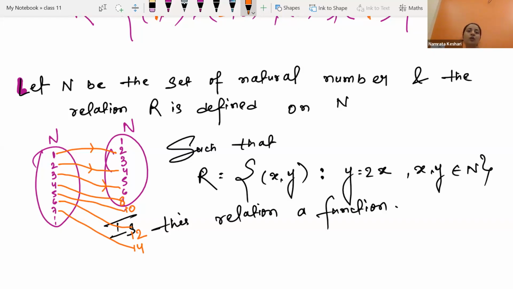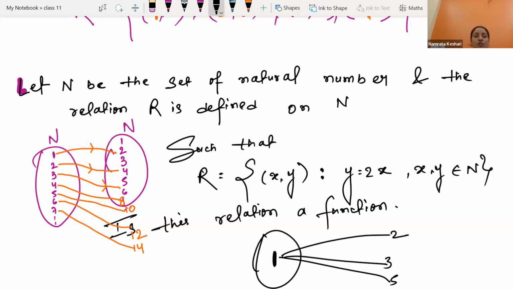Yes, ma'am. Now we know that one element from the first set cannot have so many different images, like image of 1 is 2, image of 1 is 3, image of 1 is 5. More than one is also not acceptable, right? Yes, ma'am. So we can see 1 is generating 2, unique. 2 is generating 4, completely unique. 3 is generating 6, 4 is generating 8, 5 is generating 10, 7 is generating 14.